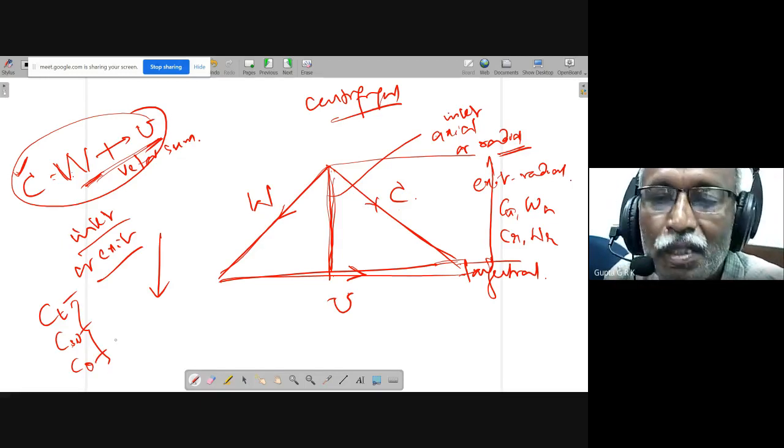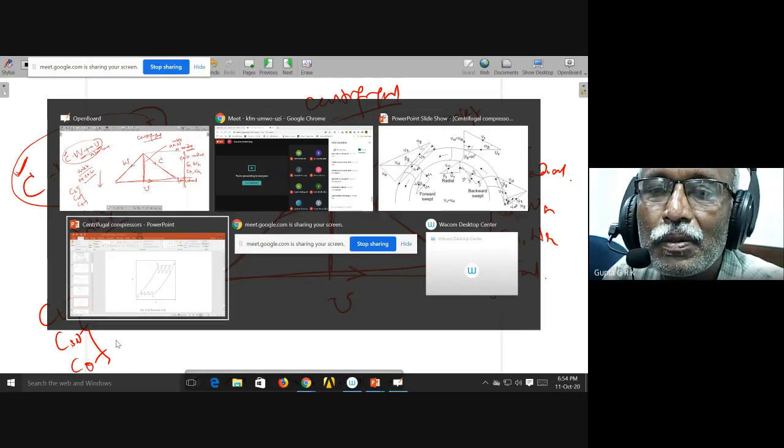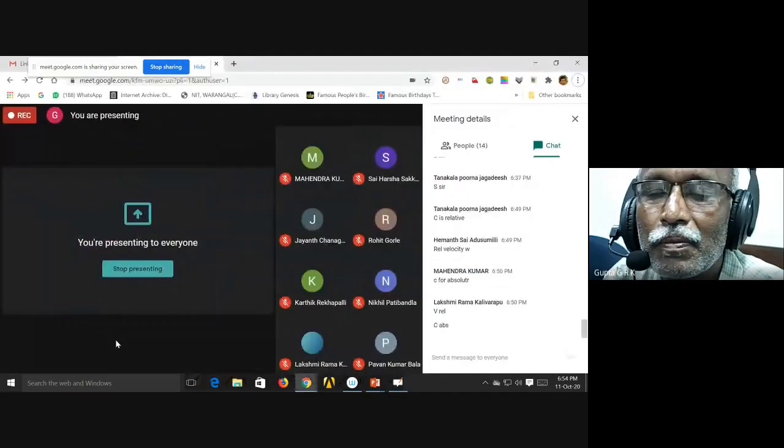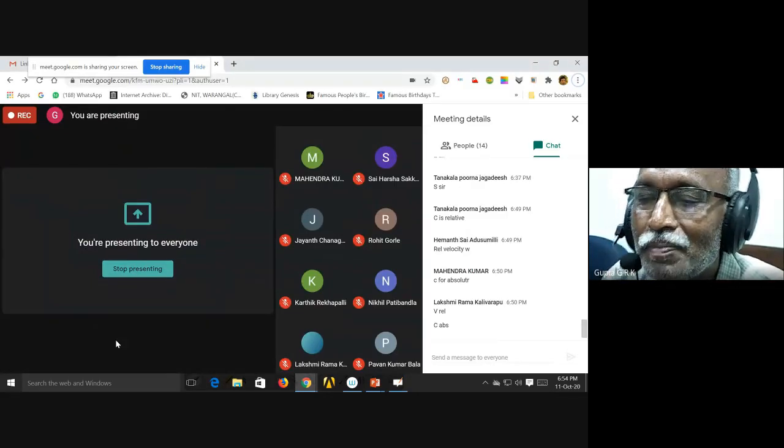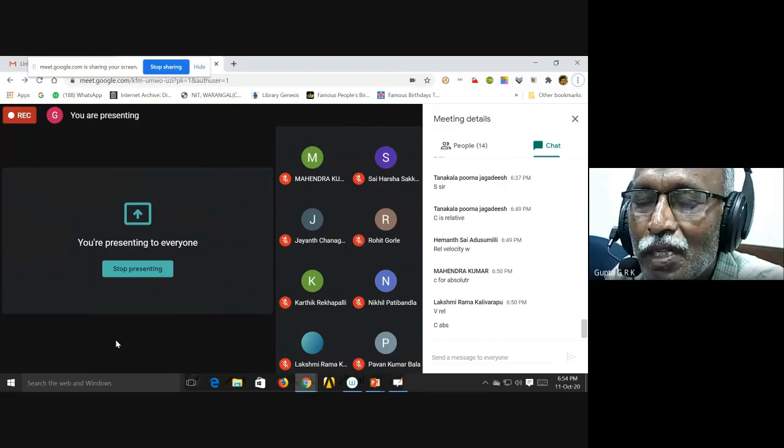Do you remember what notation we use? Okay, V relative velocity, C absolute velocity. First I had written it right then. Okay, easy. And again, you tell me what is the suffix for the tangential component, T or W or theta?